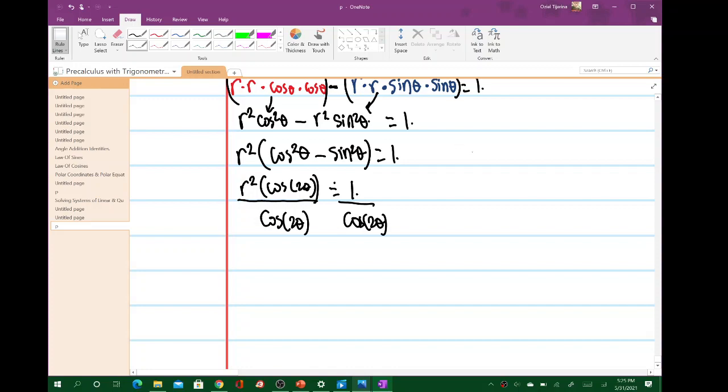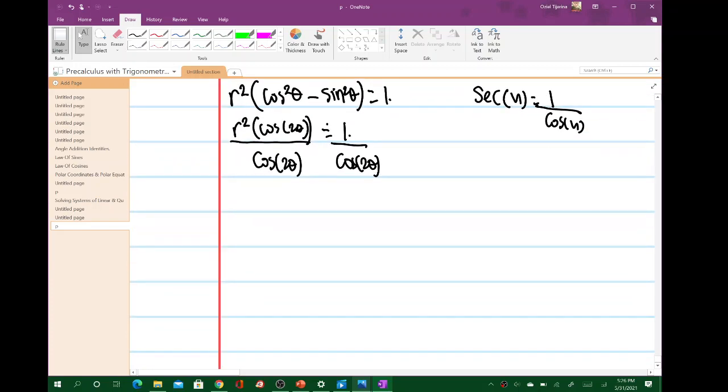And we know that anytime we have, it doesn't matter what u is, secant u, that's going to be 1 over cosine of u. So here u is equal to 2 theta, right? So we have r squared equals secant of 2 theta.